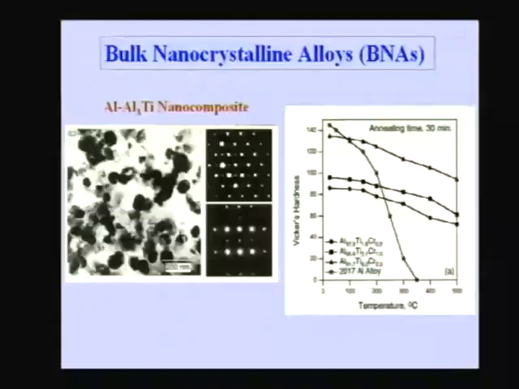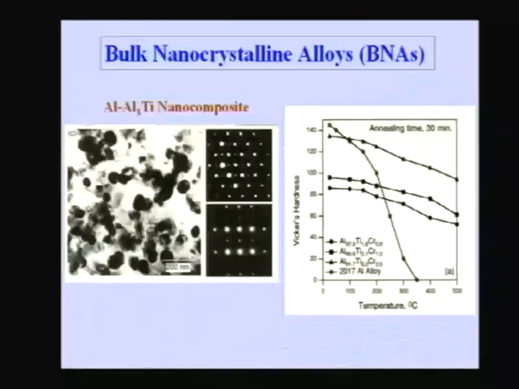But if you take this kind of a nano composite, you see that these Al3Ta nanoparticles remain inside the aluminum matrix without any dissolution or coarsening, and can give you strength at even temperatures of the order of about 500 degrees.